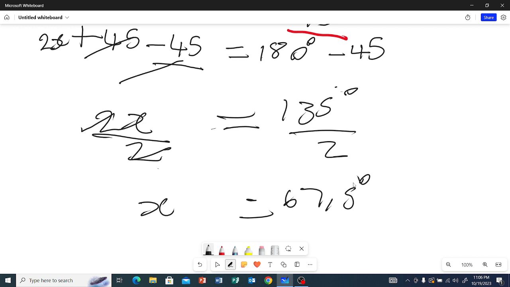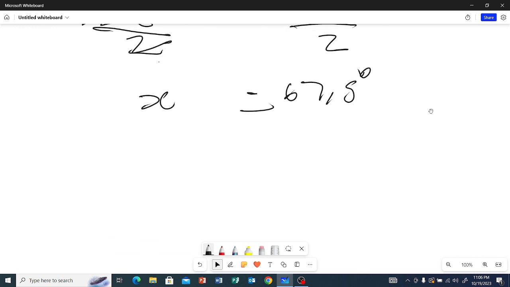Okay, now this is our lovely session. Just to intrigue your mind, try to solve the following question. Let's say this one is x.